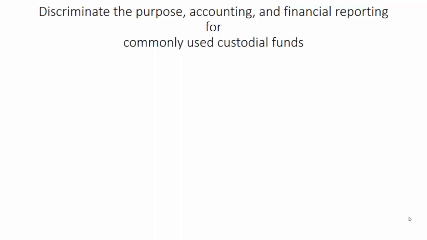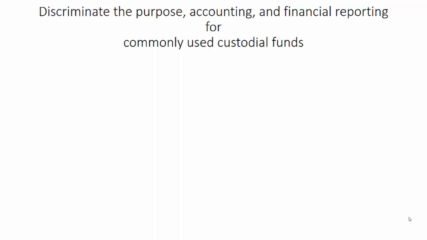If it wasn't fiduciary completely, like I just mentioned, then they could use a general fund, or they could use a private purpose trust fund, or they could even use one of those proprietary funds to keep up with it. But if it is custodial only in nature, only fiduciary, only serving as a pass-through, then we have to use a custodial fund.